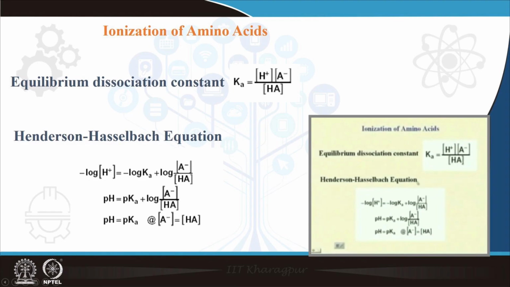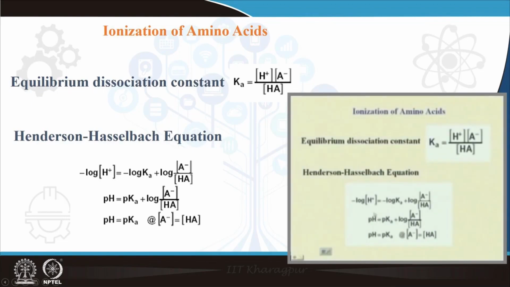Now, you've all studied about buffers, where we are looking at what is called the Henderson-Hasselbalch equation. What is that equation? We rearrange the expression in such a manner that we get the H plus on the left hand side, right? And I know that the negative logarithm of the hydrogen ion concentration corresponds to the pH.